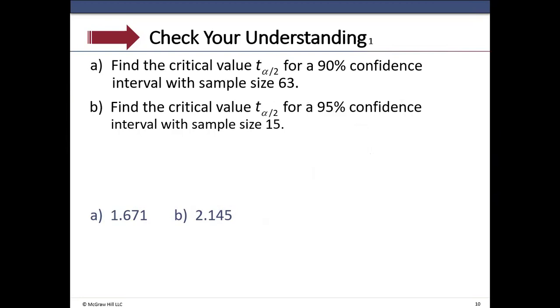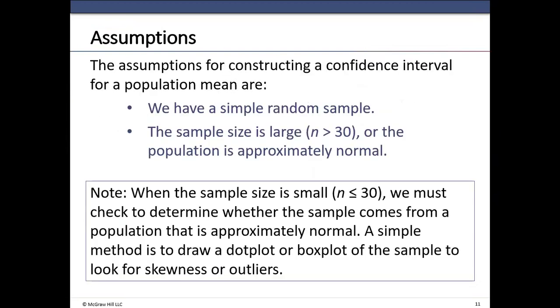No, second VARS 4, invT. 0.95 in the center plus 0.025 in the left tail is 0.975. Degrees of freedom is 15 minus 1, which is 14. Press enter and enter. The critical value is 2.1447, which they have rounded to 2.145.